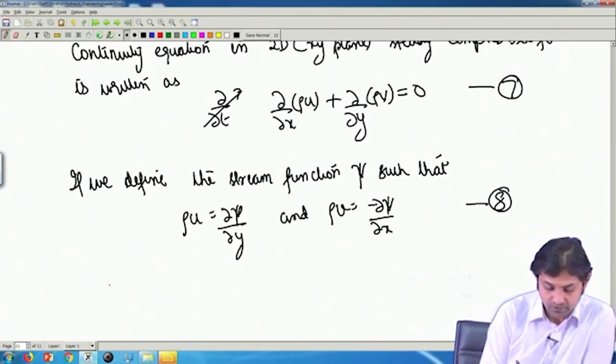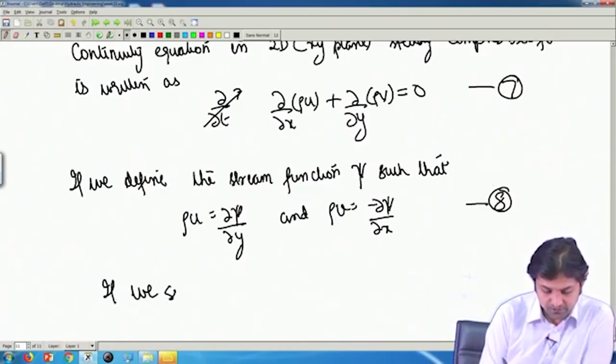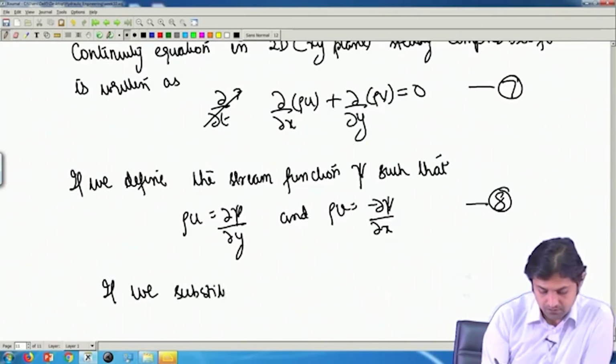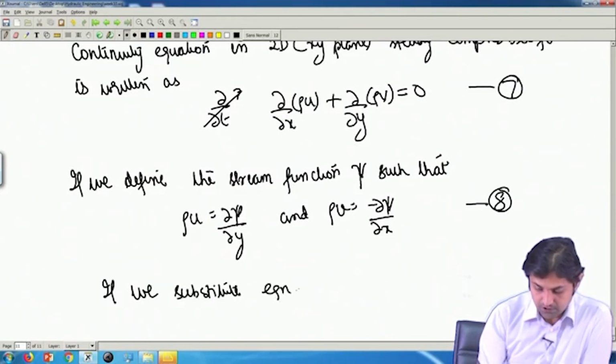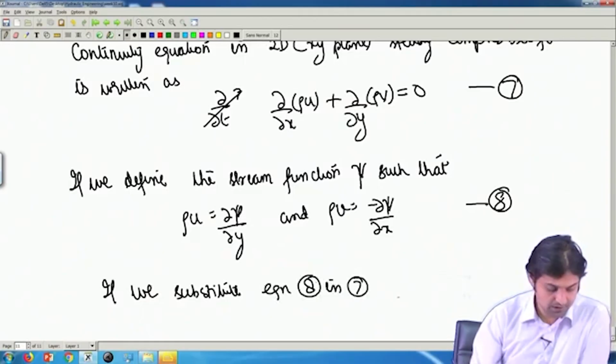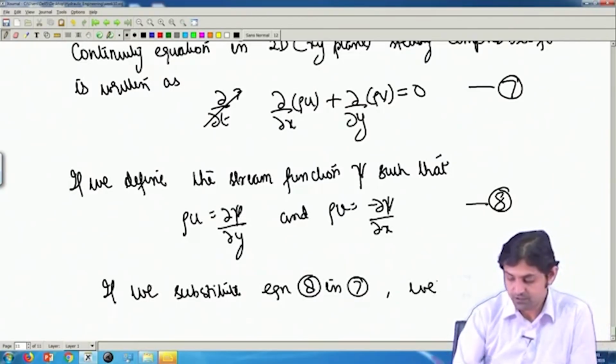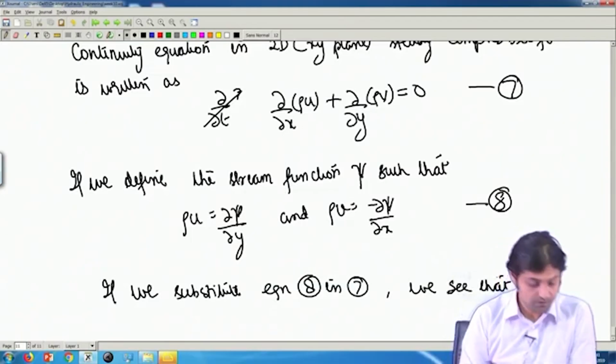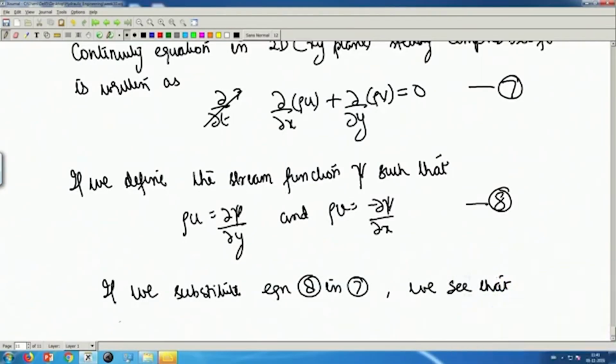Then if we substitute equation 8 in equation 7, we see that equation number 7 is satisfied identically.